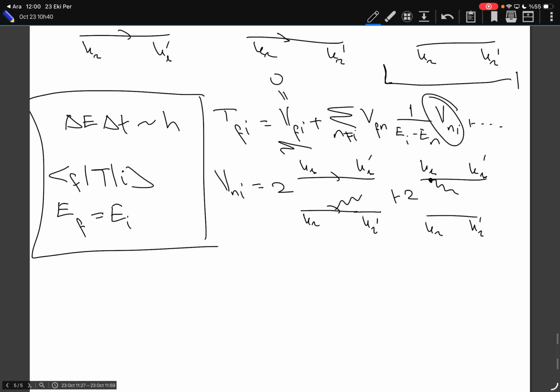Now, let's look at VFN. I will not be doing the same computation over again. You see, all these diagrams have in common momentum conservation at every step, further, at every vertex. And each diagram contributes a factor lambda.